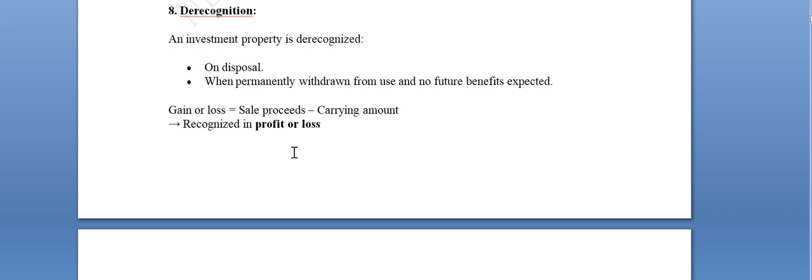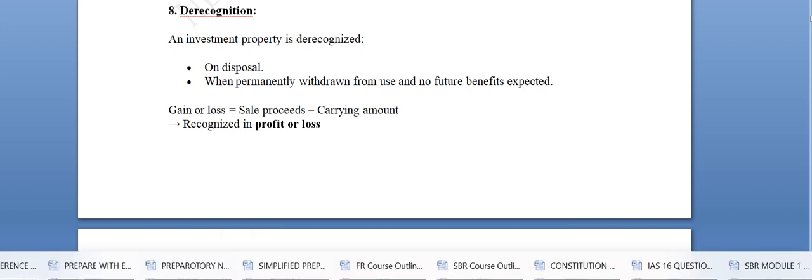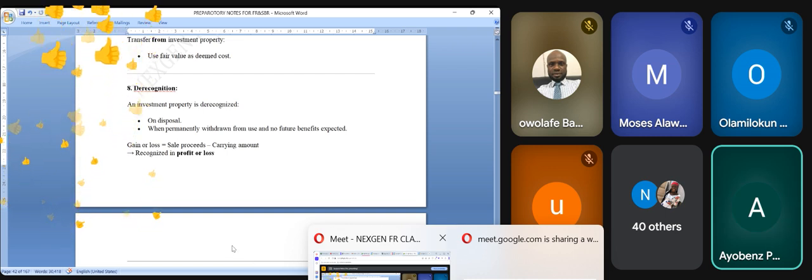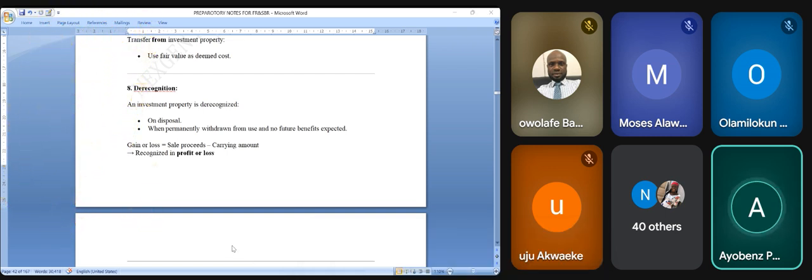So please, whenever there is a disposal of investment property, you must always recognize the gain or the loss. Very, very important. How do you recognize the gain? It's the amount less the carrying amount. Once the sales proceeds is higher than the carrying amount of the asset, there is a gain.